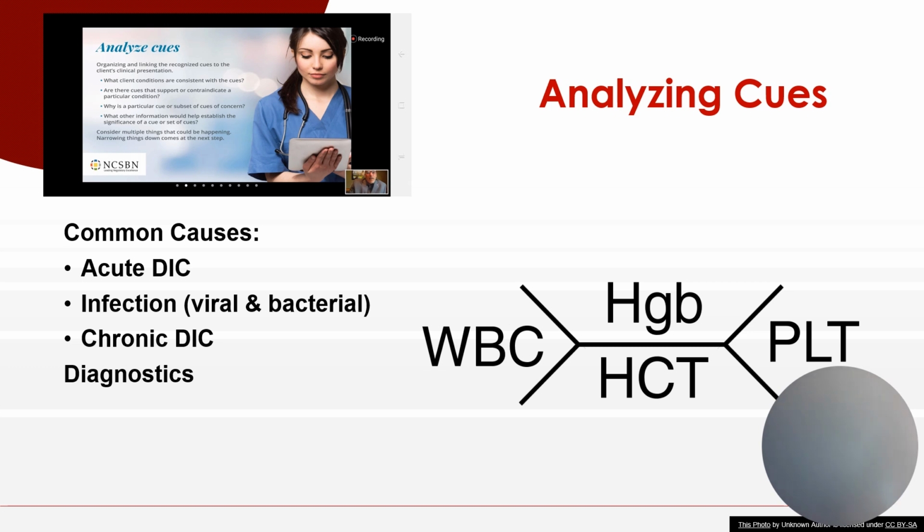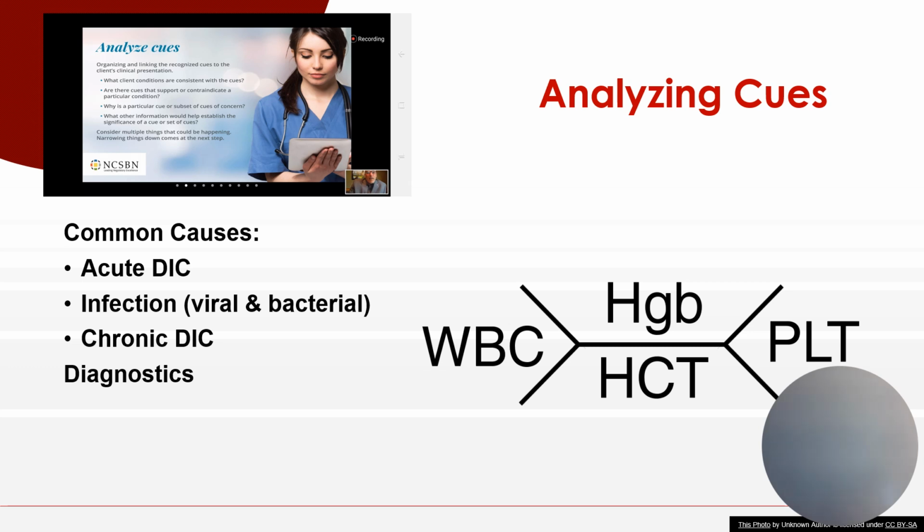It can be caused by a variety of things, and it's really important to be familiar with the common causes because that's going to assist us in guiding treatment. Acute DIC will occur rapidly over hours to days, and it's often seen in the pregnant client with complicated pregnancies by eclampsia.